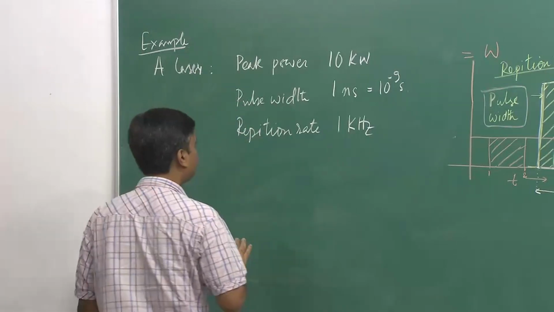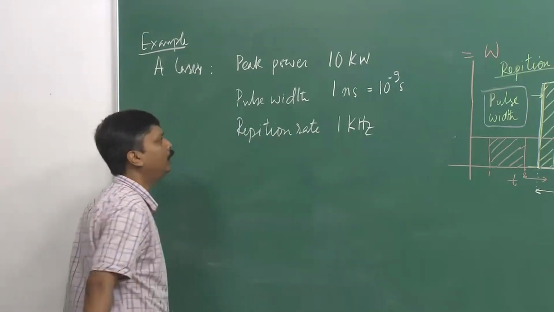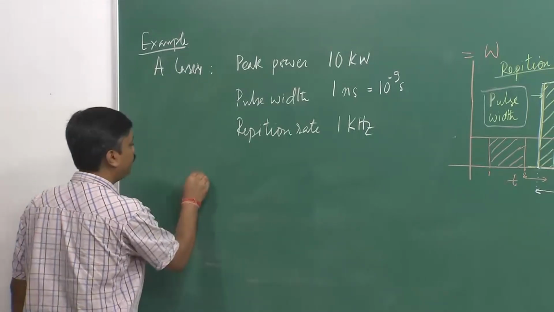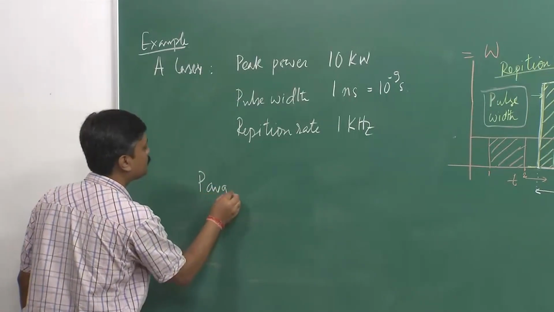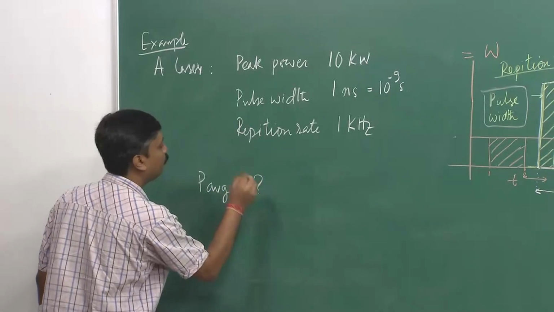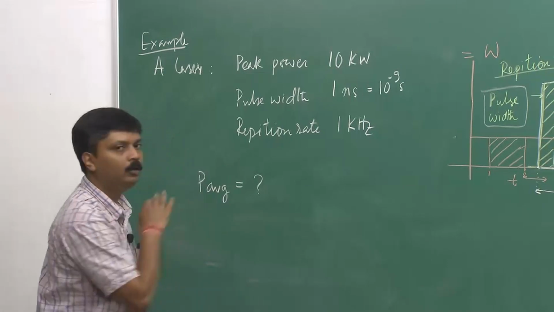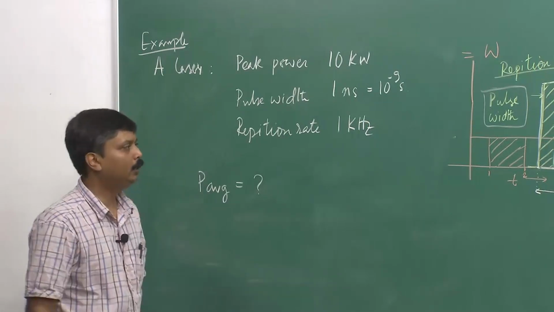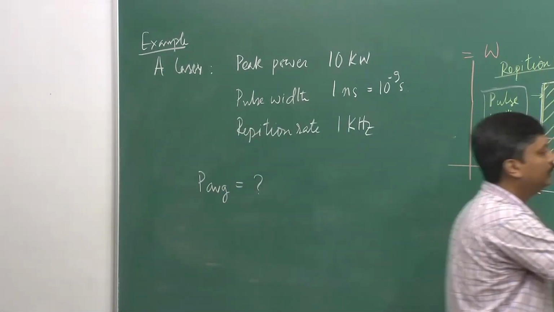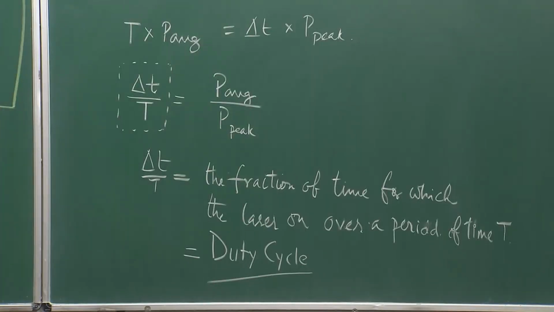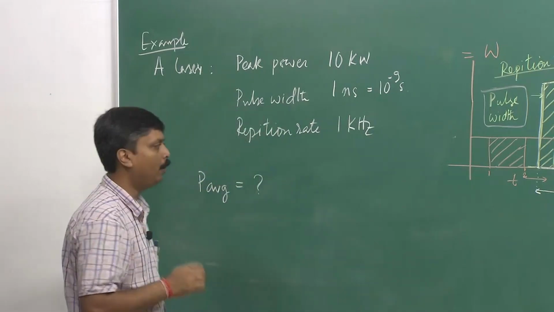So, if I have this one, then what is my P average? I need to figure that out. So, how do I find out what is the P average? If you recall this equation here, that is the duty cycle is equal to the ratio of average power to the peak power.